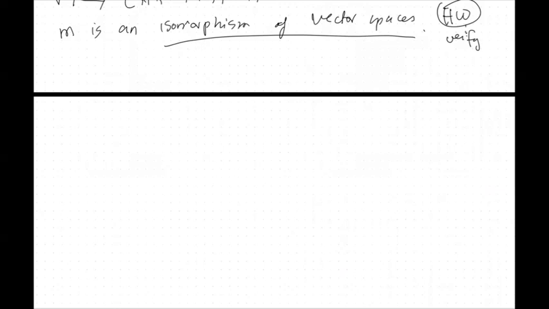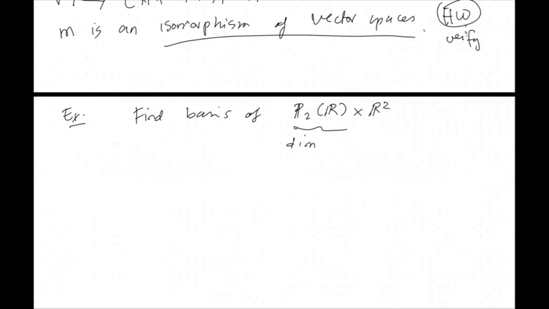Okay, so now let us consider another example. Here we are to find the basis of our vector space P2(R) cross R2. For the first factor, P2(R), the dimension is 3, and R2 has dimension 2.